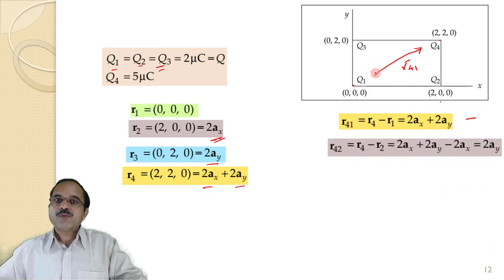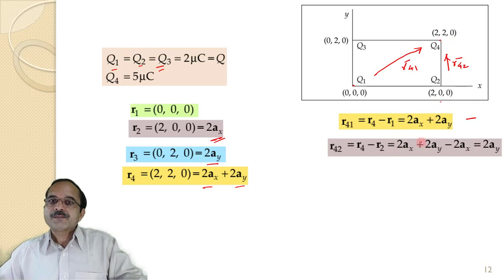Similarly r42, that is r4 minus r2, 2ax plus 2ay minus 2ax, equal to 2ay, because the 2ax terms cancel, so this is 2ay.